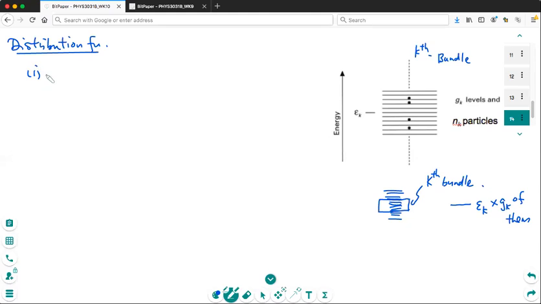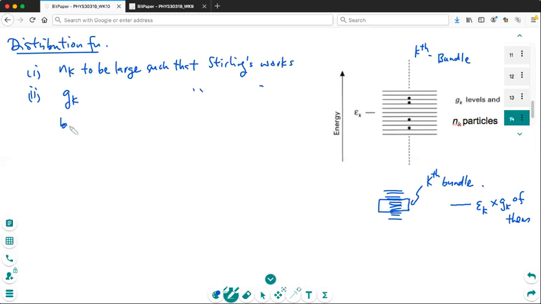Okay, but our criteria is the following. We want N sub K to be large. To be large, how large? Large enough such that you can use Stirling approximation. And then we want G sub K to be large for the same reason, but not too large.